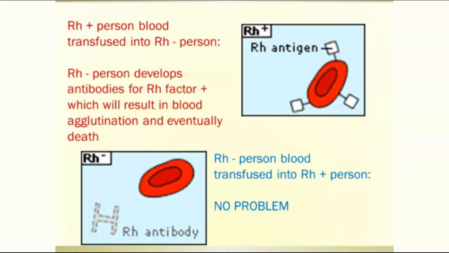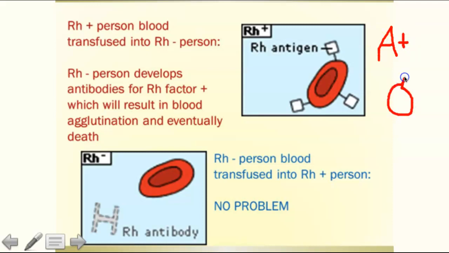So let's say you're type A positive, then that would mean that your red blood cells have the A antigen and the Rh antigen on the surface. If you're type A negative, then your red blood cells have the A antigen but they don't have the Rh antigen.